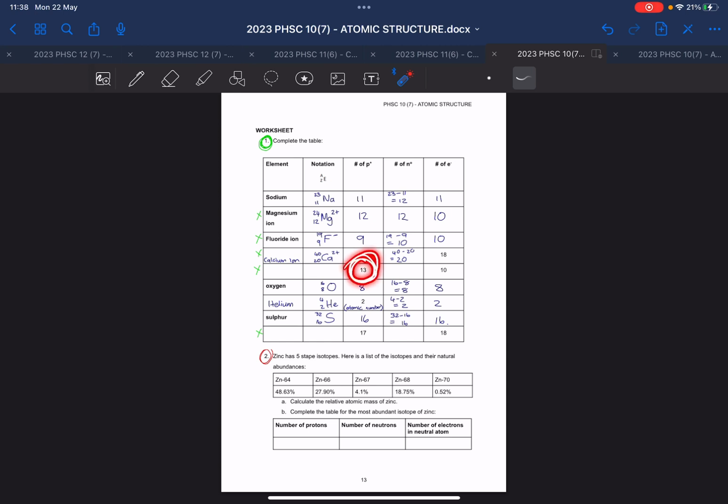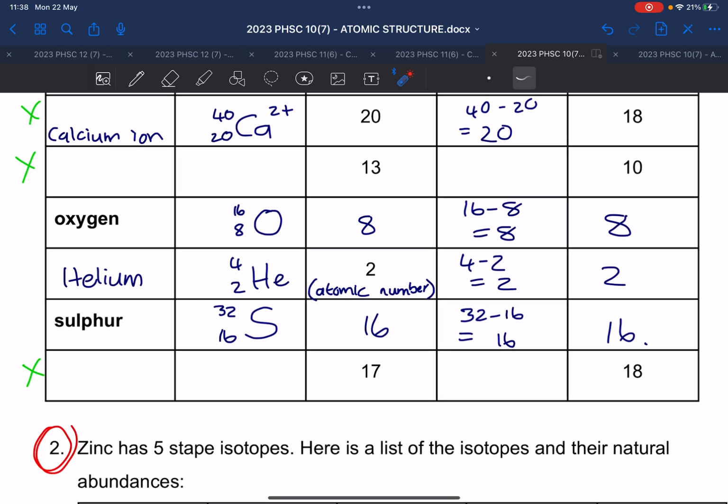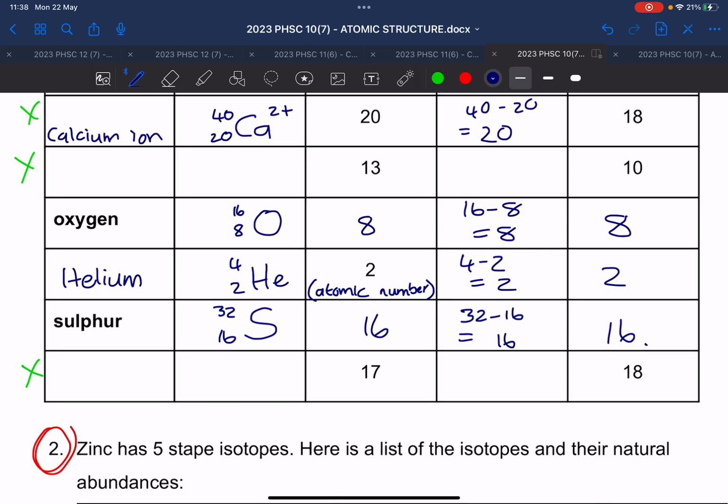Thank you. 13 protons. Aluminium. But can you see the number of protons and electrons differ? So it's not just aluminium, it's an aluminium ion. Since you weren't able to see the answer, say the answer confidently.